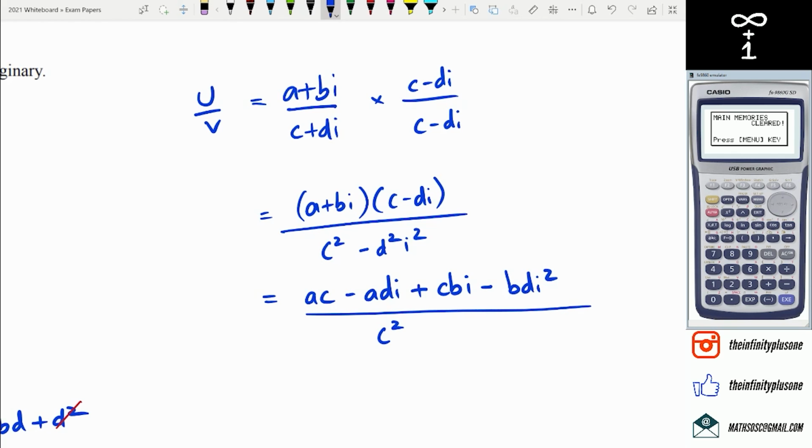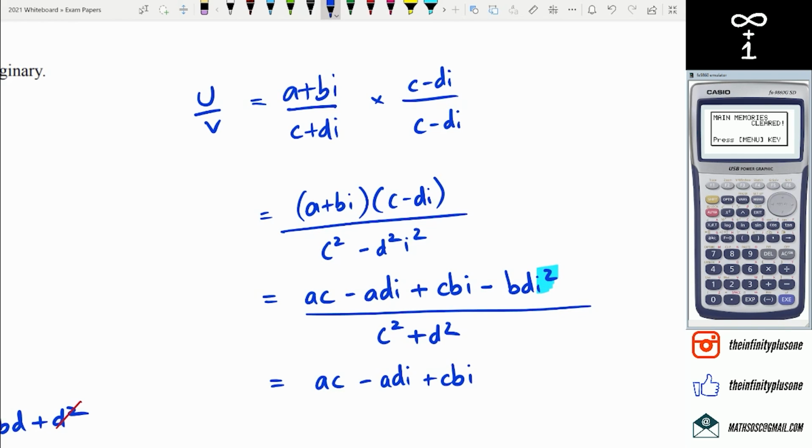Well, that's a whole lot to take on, but we're there. And then in the denominator, we've got c squared. i squared is equal to negative 1. So negative 1 times d squared is positive d squared. And in the numerator, we've also got another i squared, which I forgot about, but that's okay. Minus adi plus cbi, and then here I'm going to get rid of the i squared, which becomes negative 1.